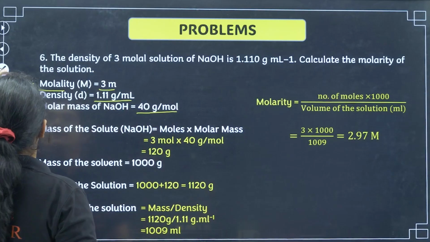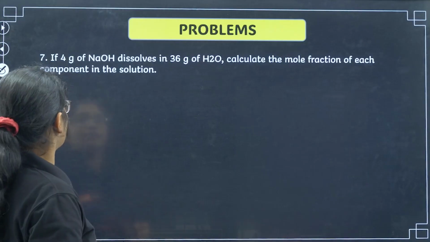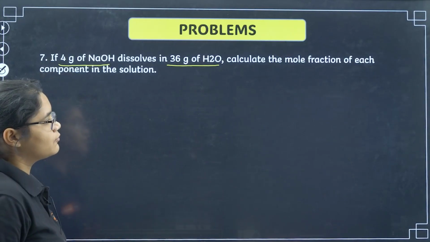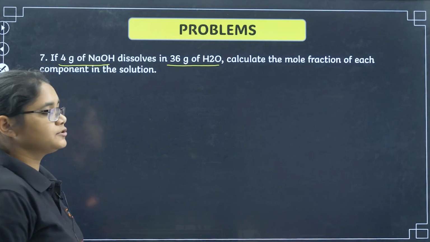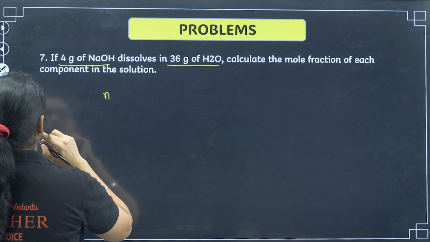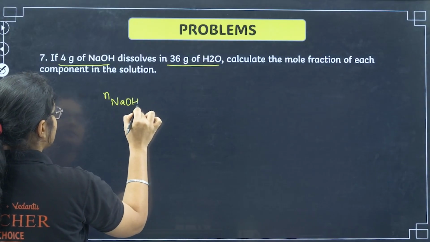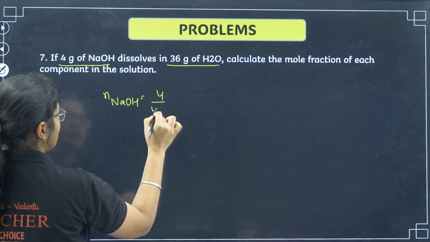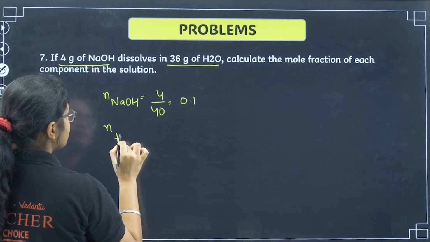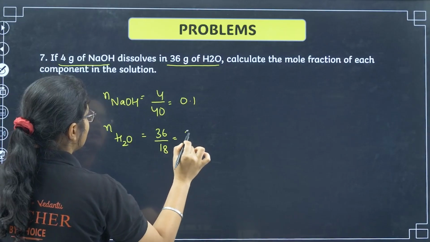Okay, clear? Now moving to the 7th question, from mole fraction. 4 gram of NaOH is dissolved in 36 gram of water. Calculate the mole fraction of each component. For calculating the mole fraction, first thing we need is number of moles of NaOH. That is given mass by molar mass, 4 by 40, 0.1. Number of moles of water, given mass by molar mass, 36 by 18, 2.